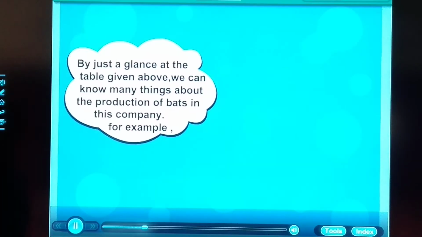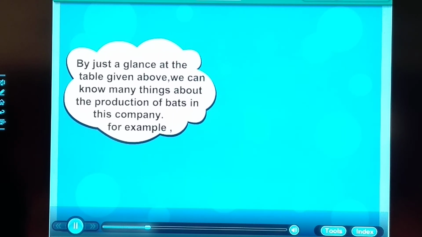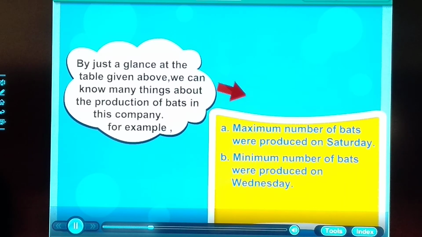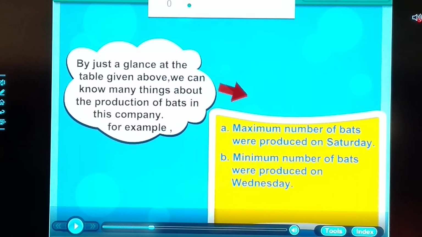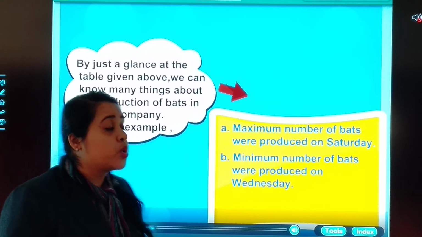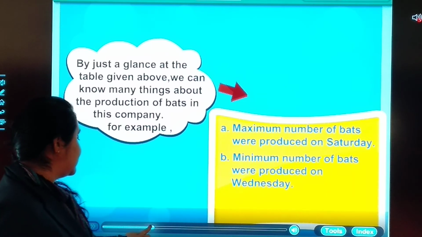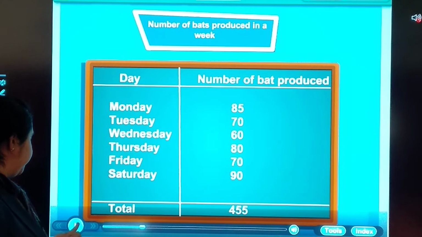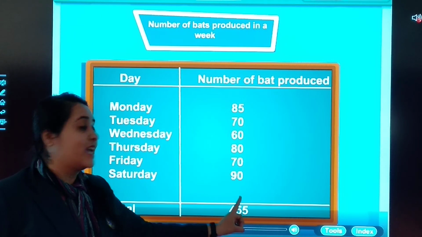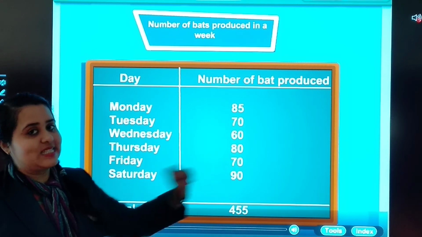By just a glance at the table given above, we can know many things about the production of bats in this company. For example, the maximum number of bats were produced on Saturday, that is 90. The minimum number of bats were produced on Wednesday, that is 60.